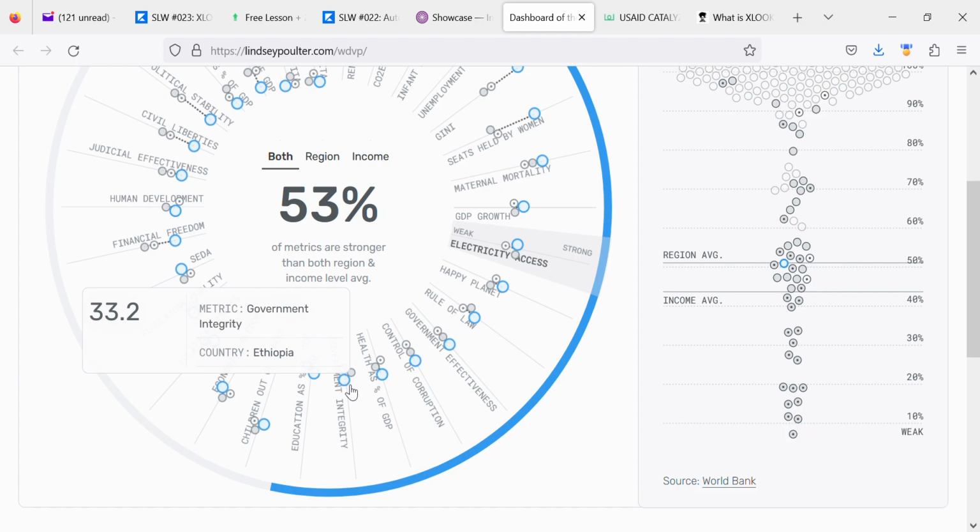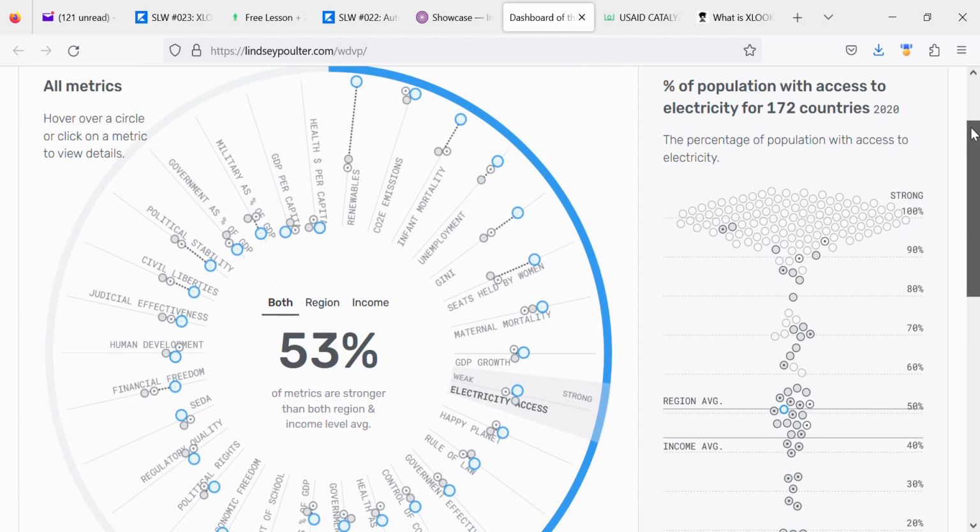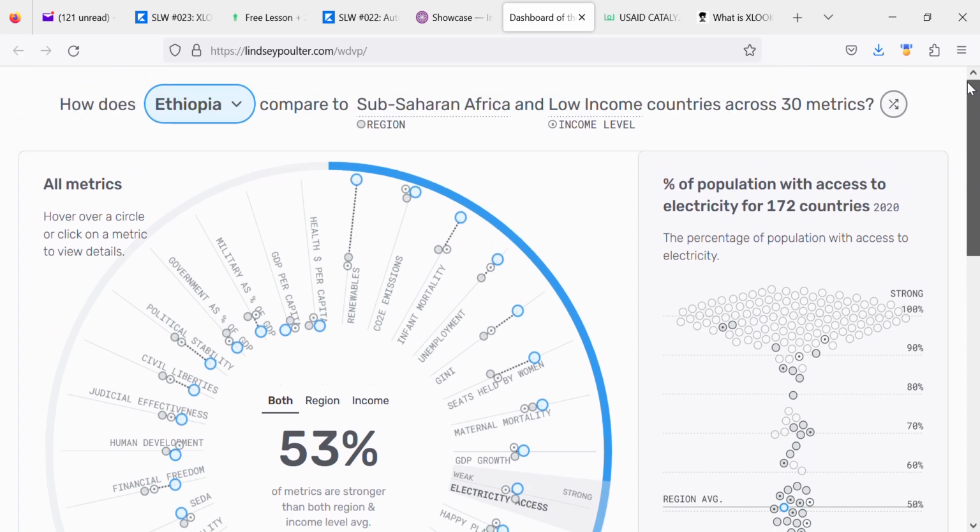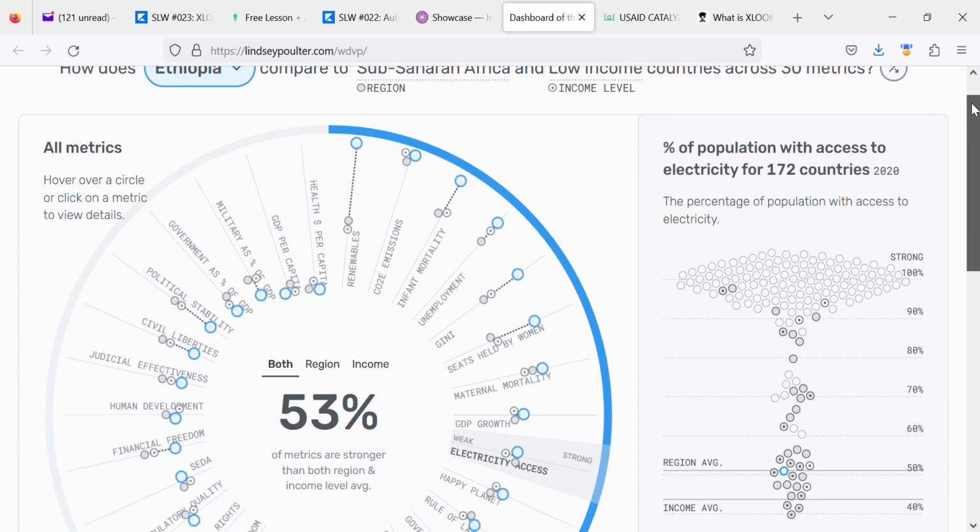Government integrity is 3.2, and education is 5.1%. So on those metrics, Ethiopia is performing better compared to similar countries in the same income category and Sub-Saharan Africa.